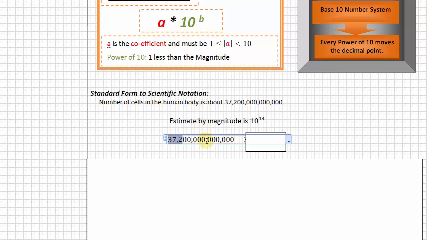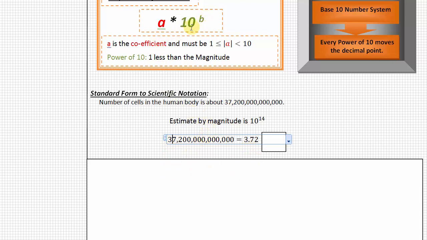It can have as many decimal places as it needs to deal with any of these digits that aren't zeros. So I came up with 3 and 72 hundredths. Really, I just put the decimal point right there.